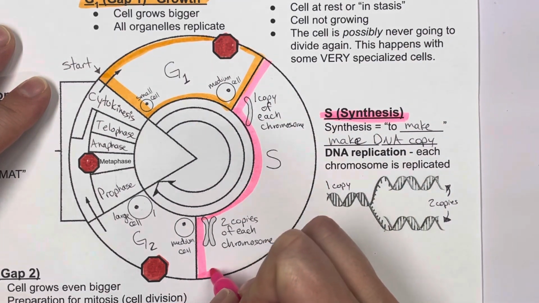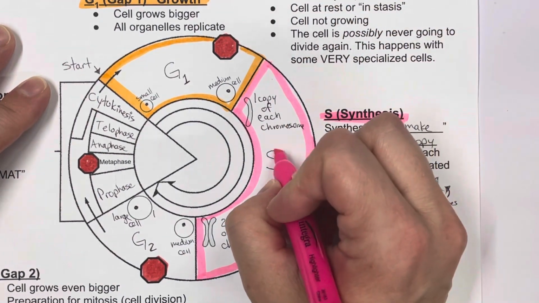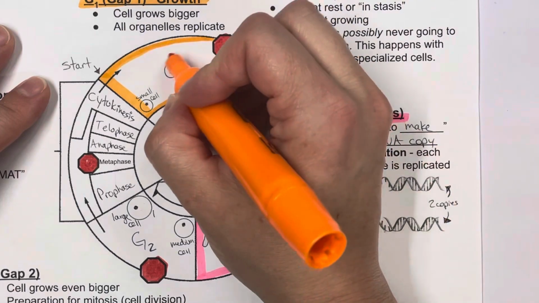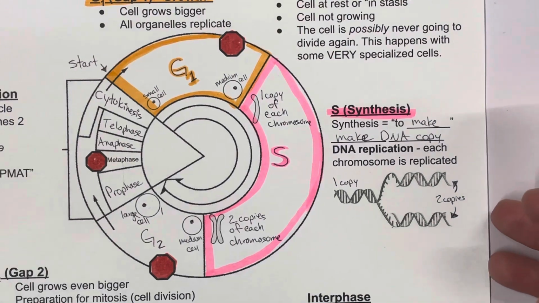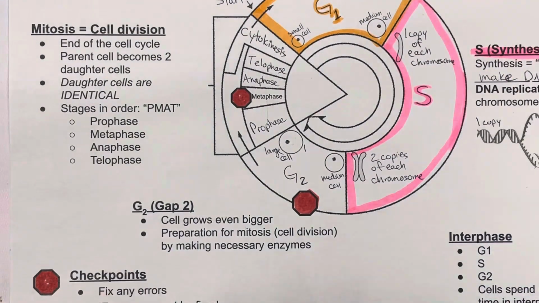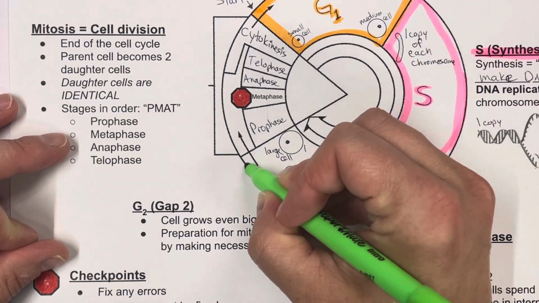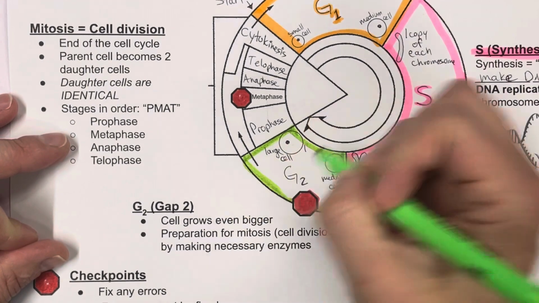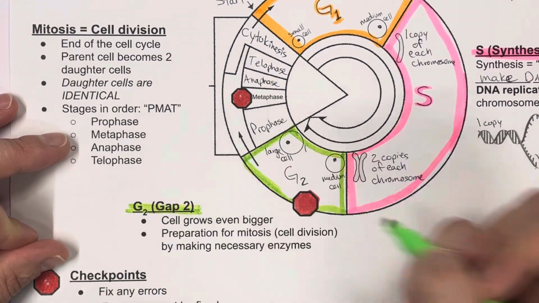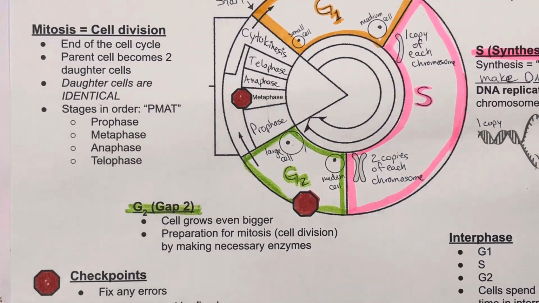We start off with 1 copy of every chromosome and we end up with 2 copies of every chromosome. This is S phase. This is G1. DNA is replicated there in S phase. All right, G2. The cell grows even larger and prepares the enzymes it's going to need to do cell division. Grows nice and big, ready to be divided.